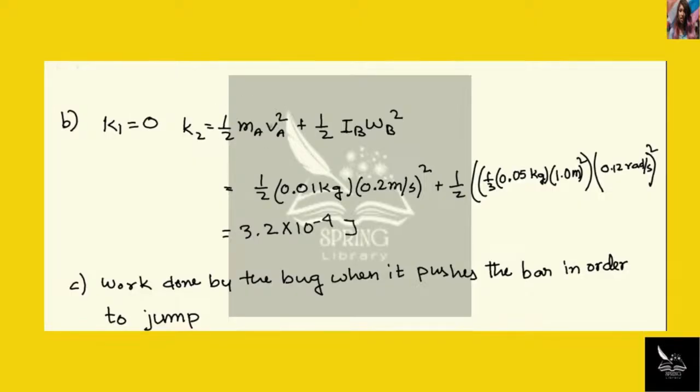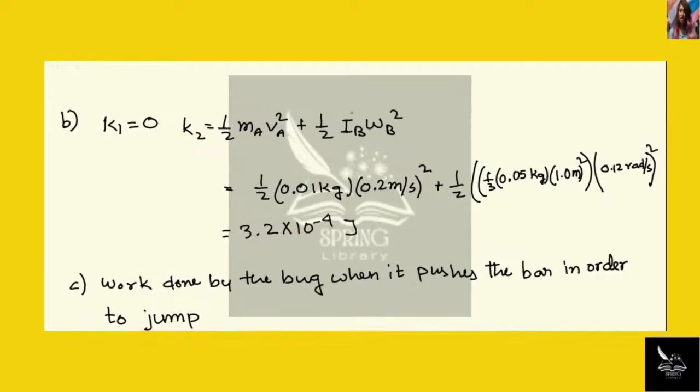So the linear velocity of the bug is VA. So half m v squared is the kinetic energy due to the bug jumping at a certain velocity. Then we have the rotational kinetic energy. This is because the bar starts rotating, which is half of Ib times omega b squared.